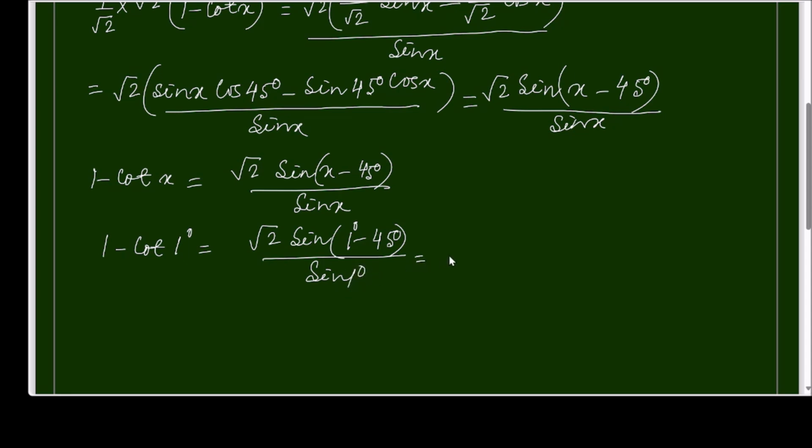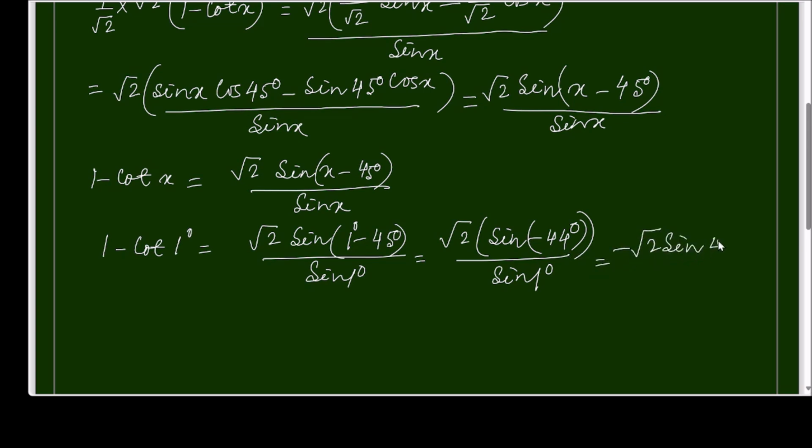So this is nothing but your square root 2 sine minus 44 degree upon sine 1 degree. Sine minus 44, we know that it will be sine 44 and this negative I can take outside. Sine minus theta is minus sine theta.